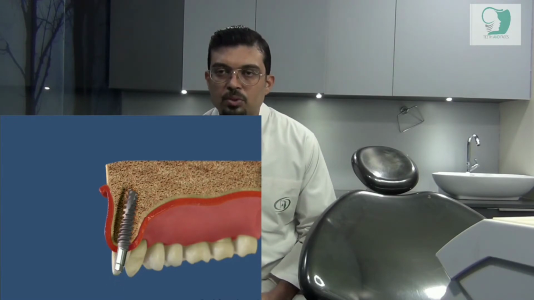The second question asked to me is about allergies to the implant. A dental implant is made up of titanium, which is a bio-inert material. Bio-inert materials, when placed inside the body, don't react with your body in any way, positively or negatively. They are inert.